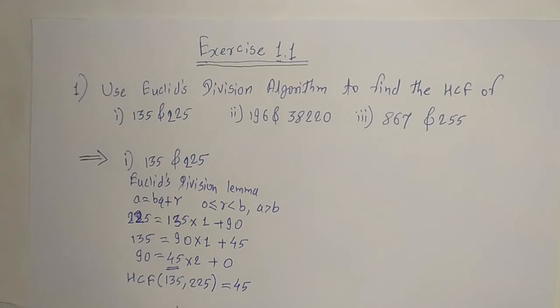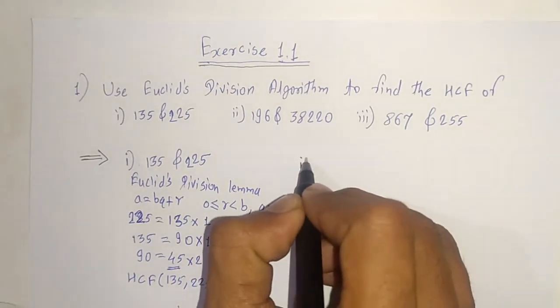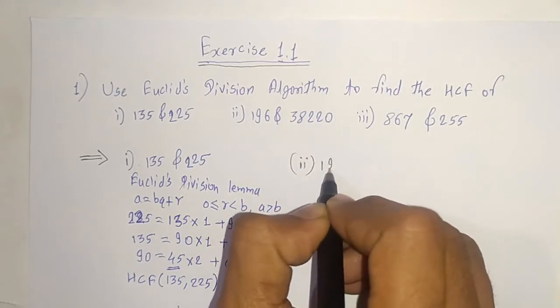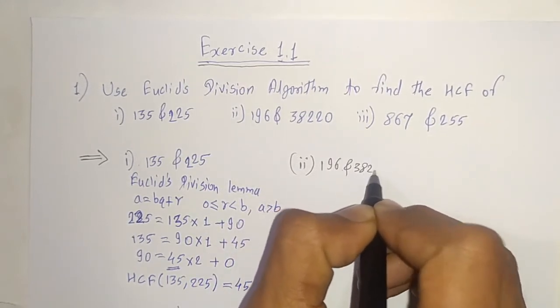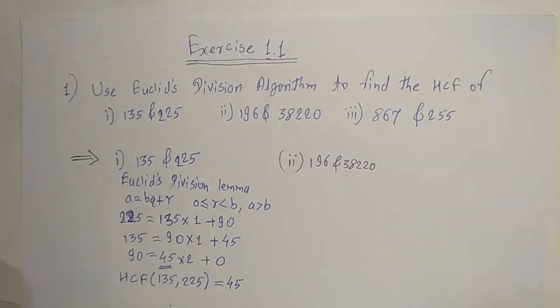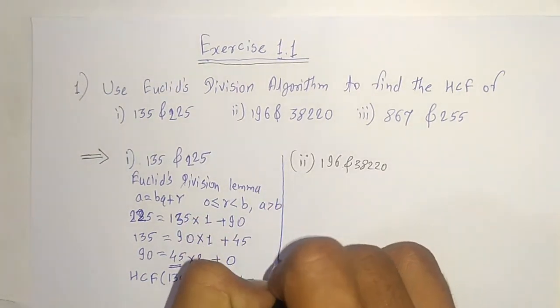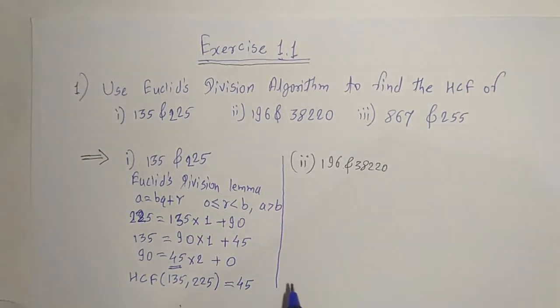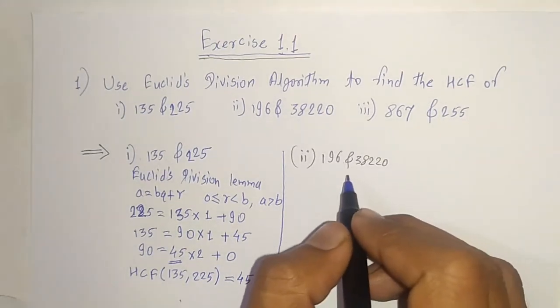Okay, let us look into the second example. 196 and 38,220. There is little space available here, so we will make the partition here. So what are the values of A and B?